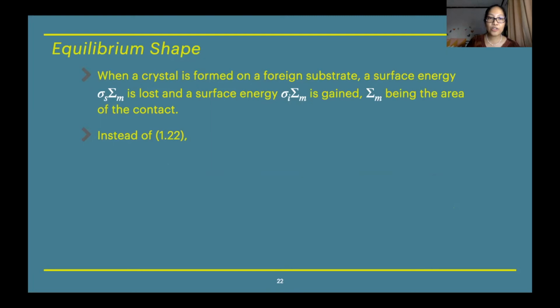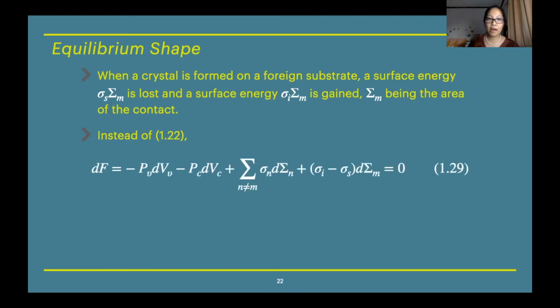Instead of equation 1.22, we have equation 1.29 for the minimum of the Helmholtz energy. So again, we have terms showing the volume part and terms showing the surface part. So the fourth term is the addition, something new, differentiating this from equation 1.22.